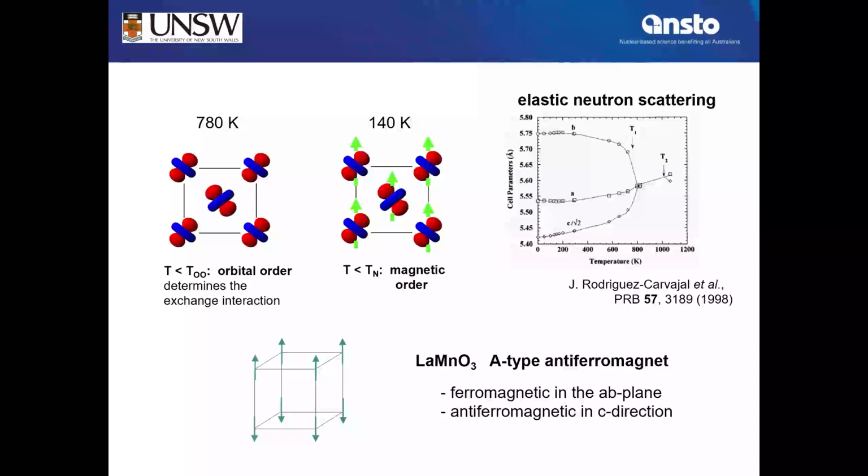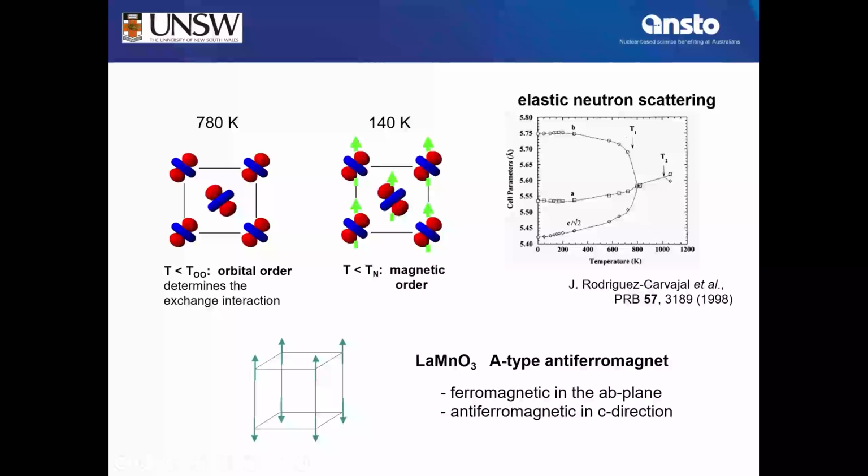And below a certain ordering temperature, they now order magnetically in the so-called A-type antiferromagnetic spin structure. That takes place at 140 Kelvin. And at 780 Kelvin, we have a crystallographic phase transition that's shown here in this neutron diffraction result, splitting into tetragonal order, which indicates also orbital order.